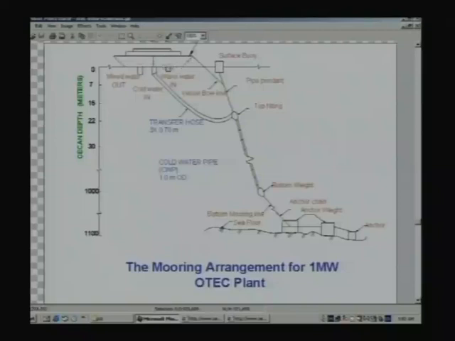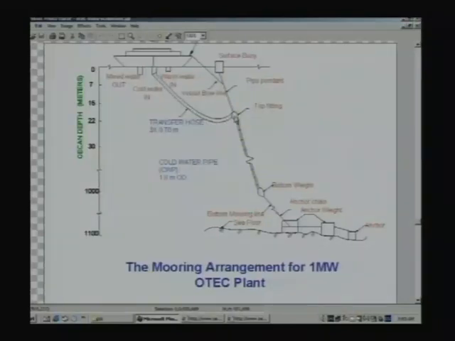Here is the ship, and here you have the depth. You can see it starts from a depth of 0 and goes to a depth of 1100 meters, and the actual down pipe goes to a depth of about 1000 meters, 1 kilometer. Now, you can see that the ship is the usual construction that I discussed in the class, but the interesting part is the cold water inlet pipe, which goes into a fitting that hangs from a surface buoy by means of a wire, so that it is supported like this.